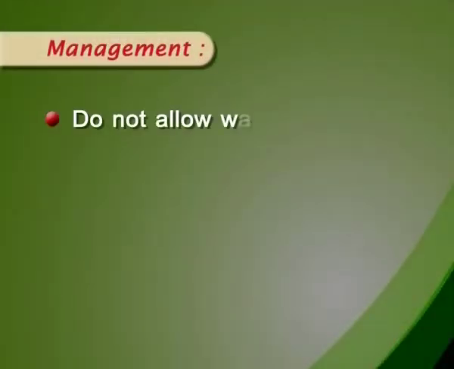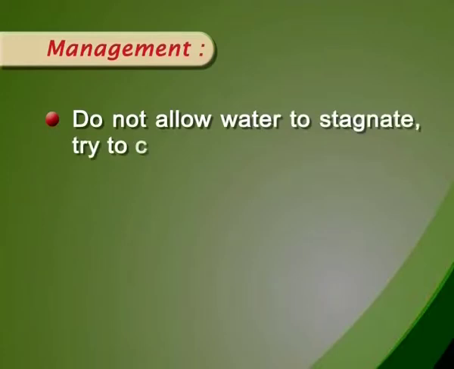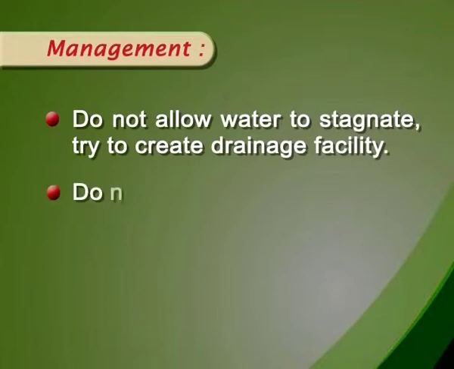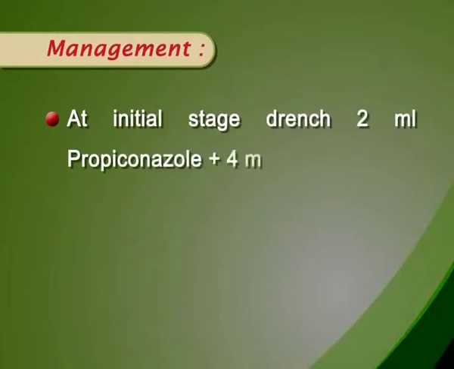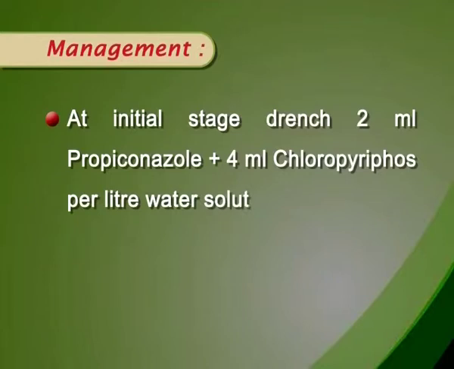Do not allow water to stagnate. Try to create drainage facility. Do not irrigate for 2 to 3 days after drenching. At the initial stage, drench with a solution of 2 ml propiconazole plus 4 ml chlorpyrifos per liter of water.